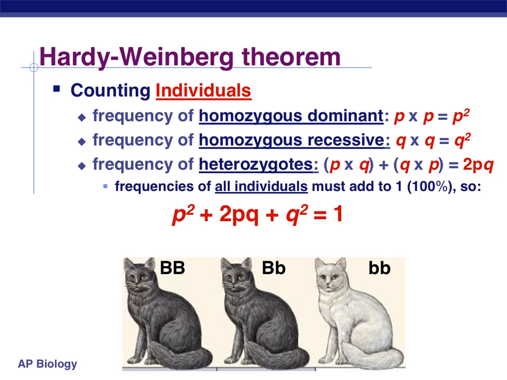Again, all of the frequencies have to add up to 1 or 100%, so we end up with a second formula that says p² + 2pq + q² = 1, where p² represents our homozygous dominants, q² represents our homozygous recessives, and 2pq represents our heterozygotes.